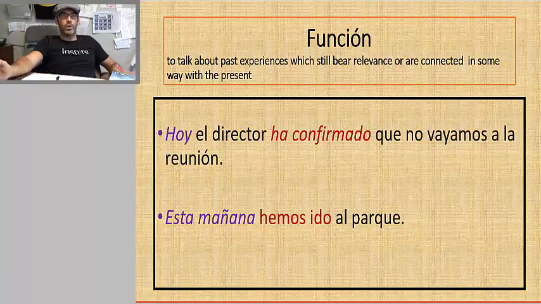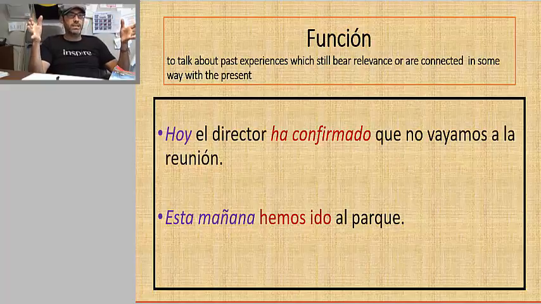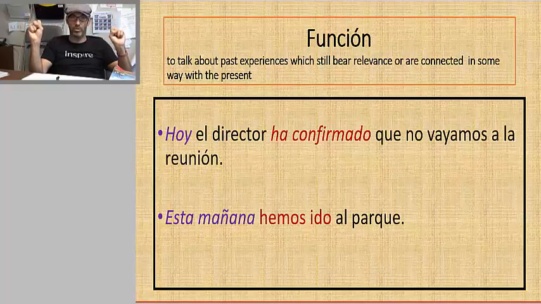Okay? So here let's talk about some words that are used with the pretérito perfecto that show this connection of the past to the present. A good example is that we use the pretérito perfecto with certain time markers within today, within hoy.